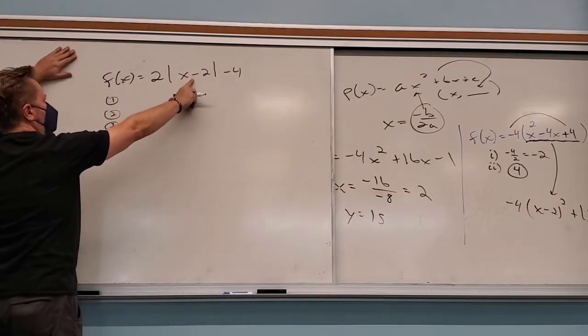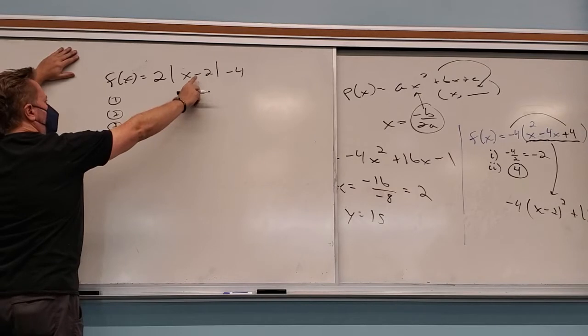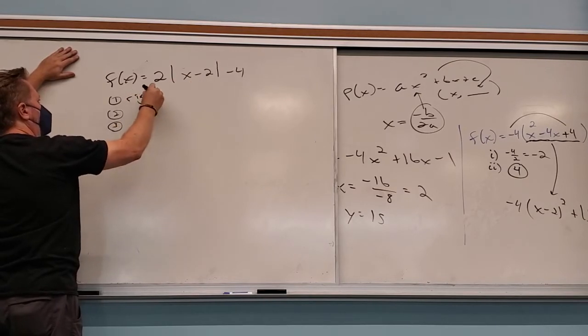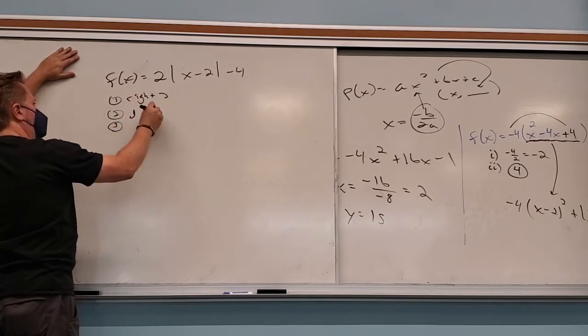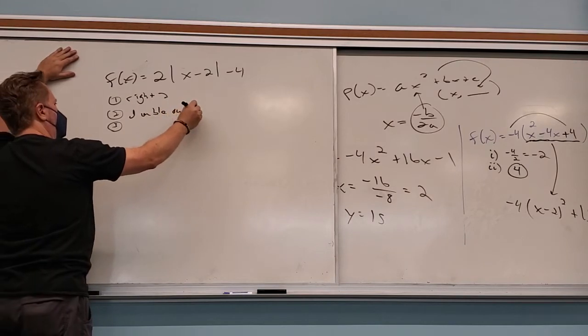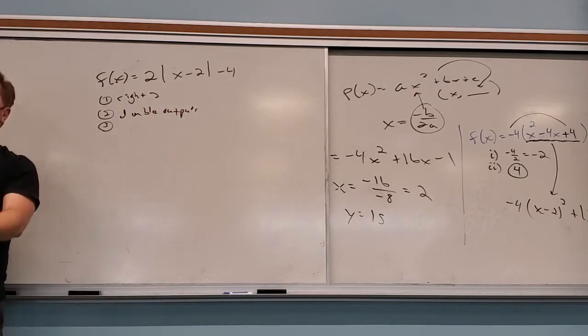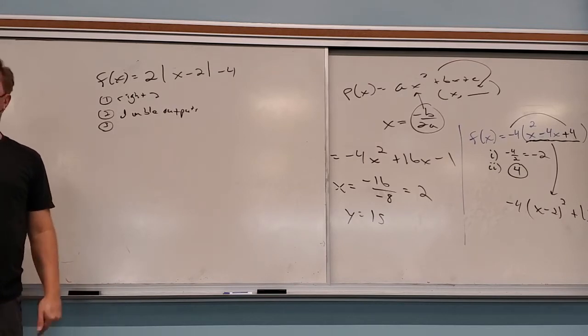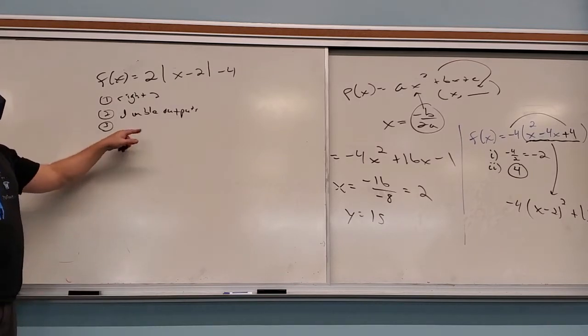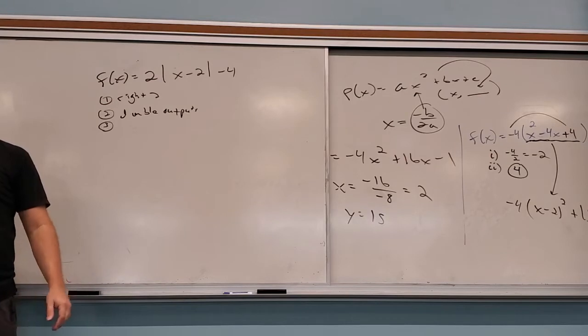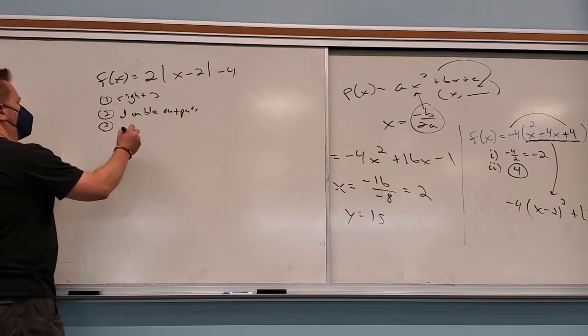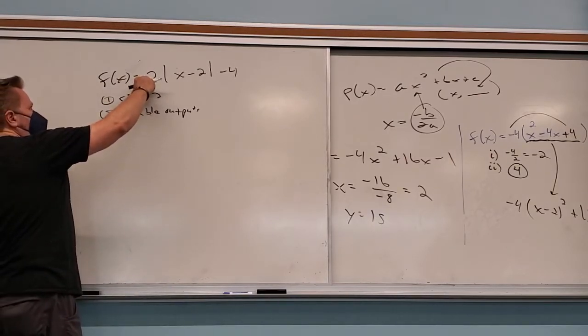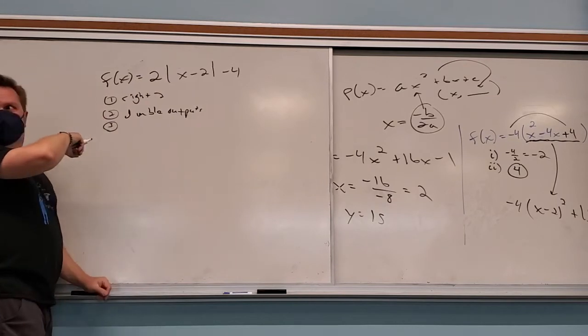So I'm going right 2, and then double the outputs. You could also call it a vertical stretch, but why not just call it double the outputs? Sounds better. And then the last thing I do is down 4. Wait, so if it was negative, how would that look? If there was a negative here, there would be 4 transformations.